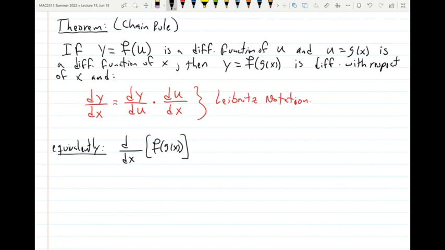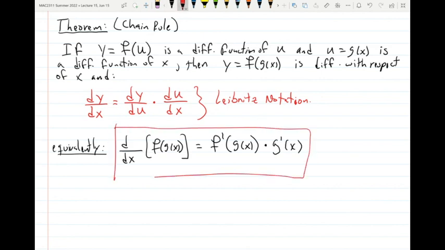So that's just the derivative of f with respect to this variable. The way we write that is like this: f prime, then plug in g of x, and then times du dx. Remember u is equal to g, so that's just g prime. And this is typically the way this is written. So this is what we call the chain rule.